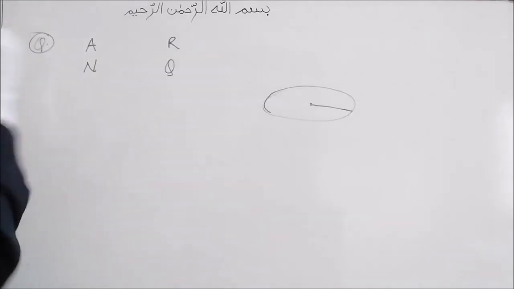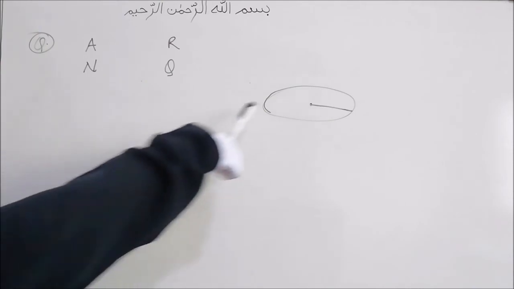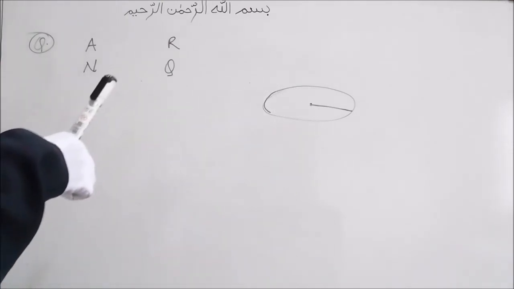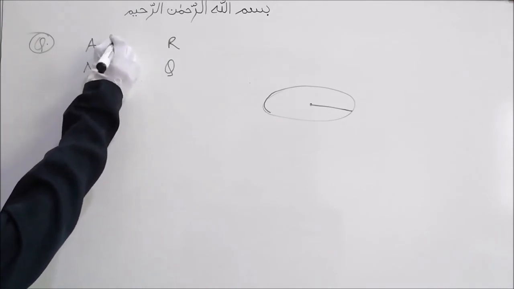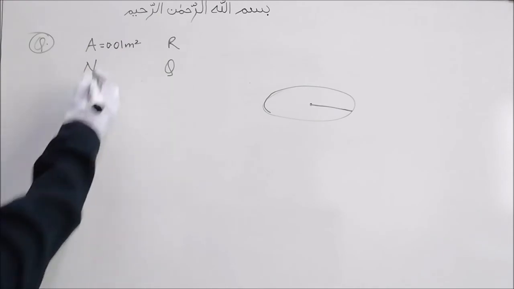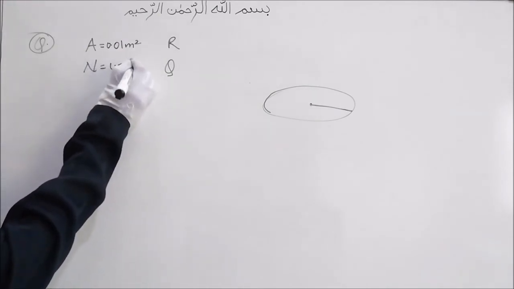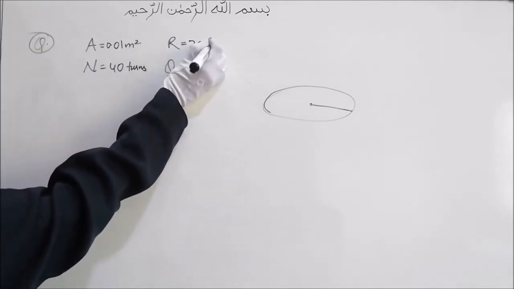Let's look at a problem. We have a small loop of wire of area A which is 0.01 meter squared and N number of turns, that is 40, and the resistance is 20 ohms.